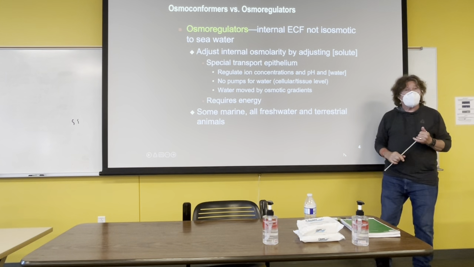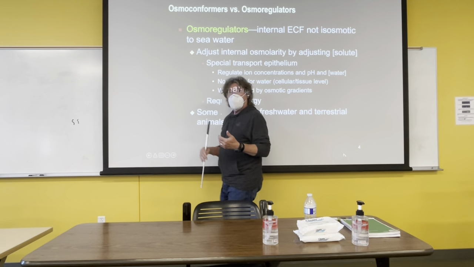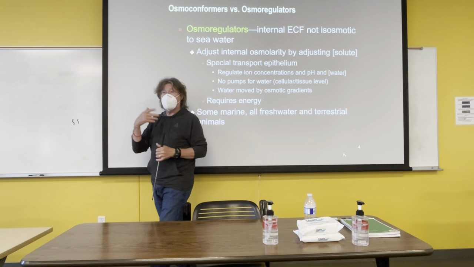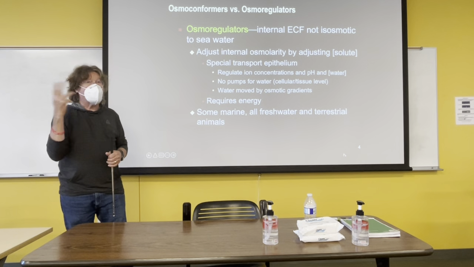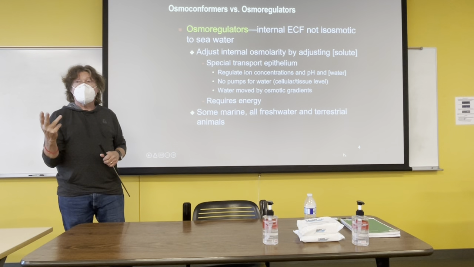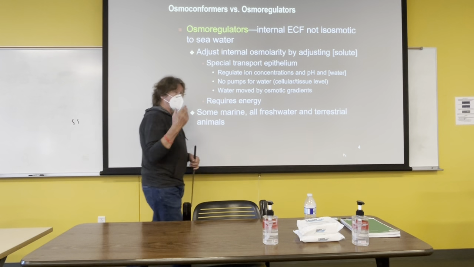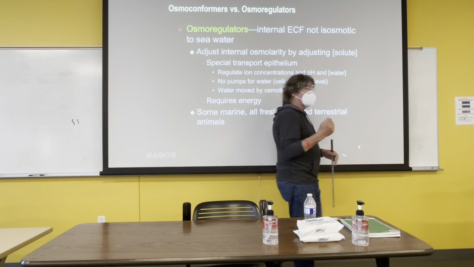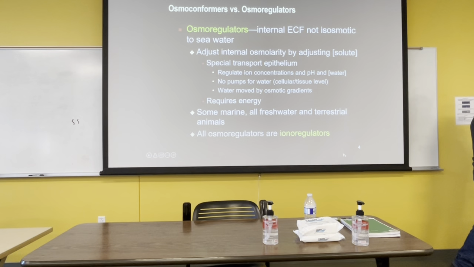Furthermore, in your diet you're taking in sodium, chloride, and other salts that you have to avoid. We have to get rid of urea, and there's no way to get rid of urea without losing water. And therefore, in the terrestrial sphere, water loss is a big deal, okay? And so this leads to osmoregulation.